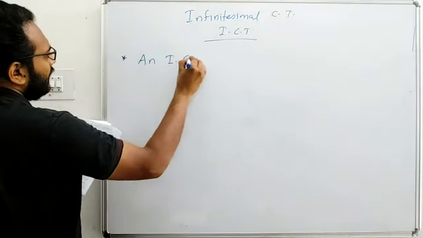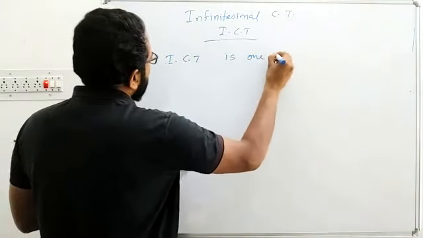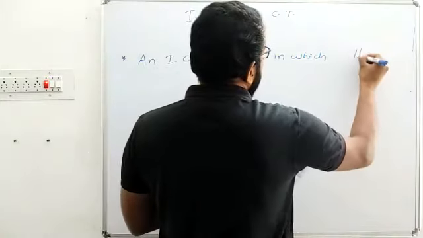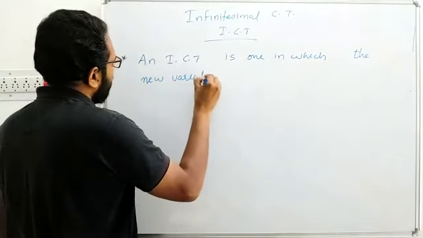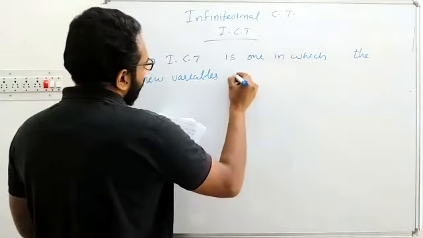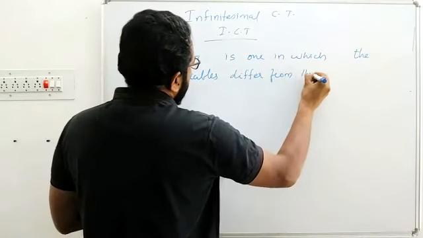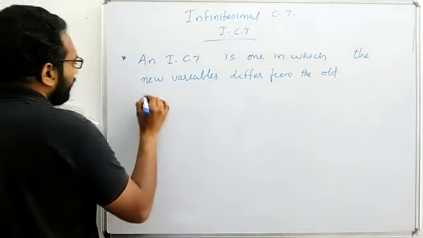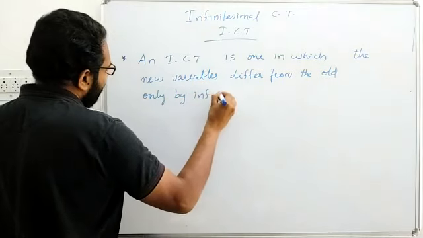An infinitesimal canonical transformation is one in which the new variables, new coordinates and momenta, differ from the old variables only by infinitesimals.